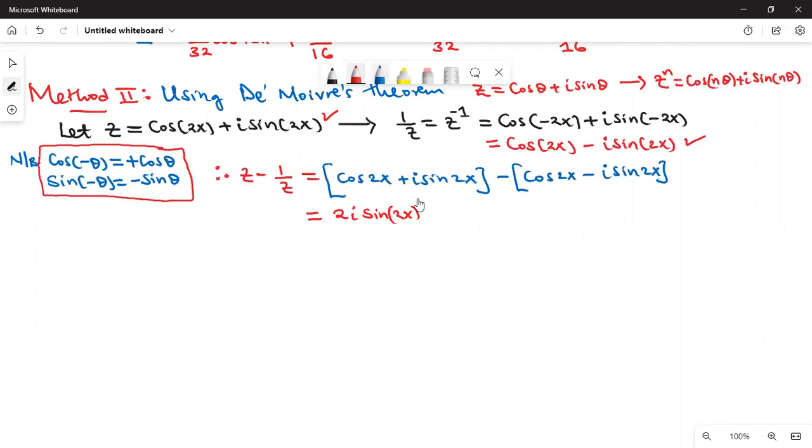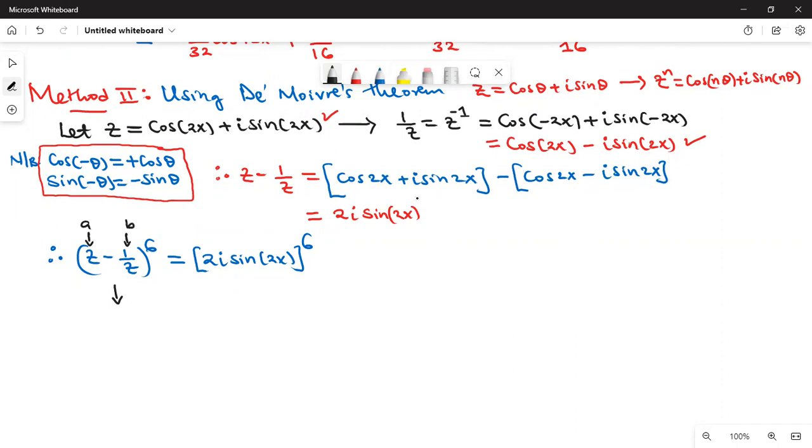So let me raise this to power 6. Therefore, z minus 1 over z raised to 6 is the same as 2i sine 2x, and this is raised to 6. On the left-hand side, use the binomial expansion of a minus b raised to 6, which I wrote up previously. If we expand this, this is our a, and this is our b.